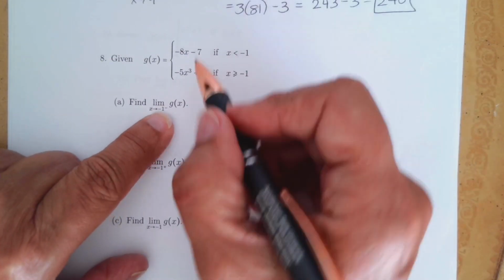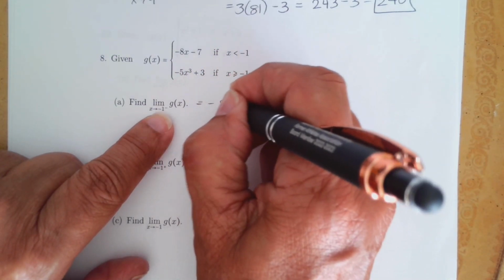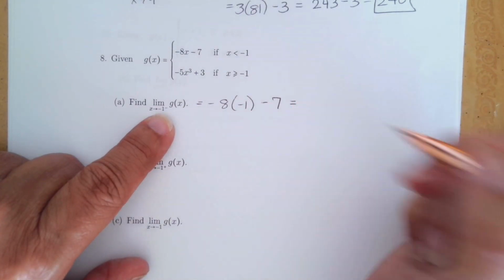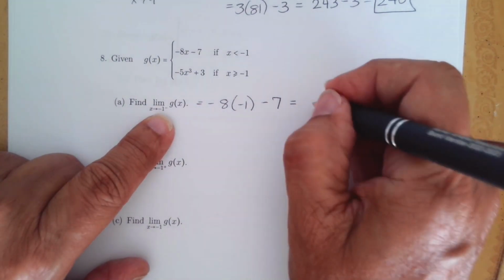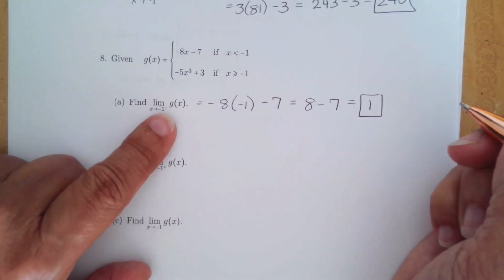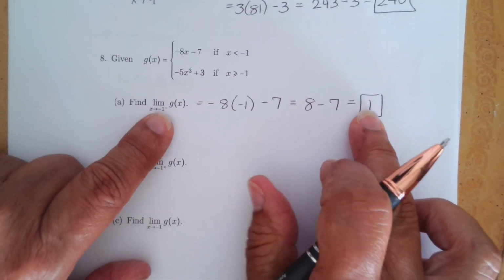So we can plug negative 1 right into here. So that'll be negative 8 times negative 1 minus 7. Okay, negative 8 times negative 1 is positive 8 minus 7. So the limit as x approaches negative 1 from the left is 1.